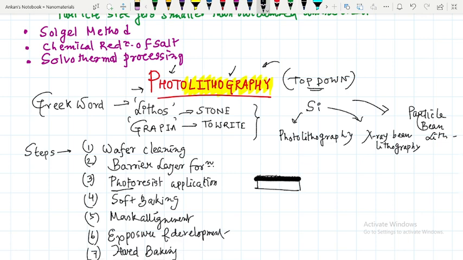The next stage is the wafer is put into the mask aligner. This is the mask aligner, and the next thing is that it is ready for exposure to radiation and development.